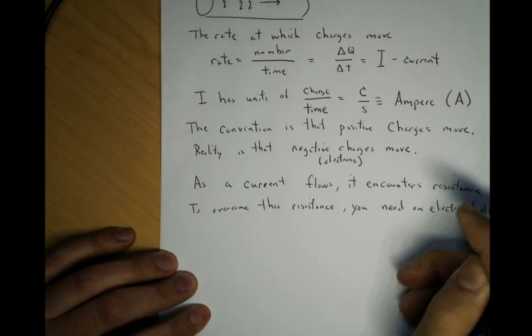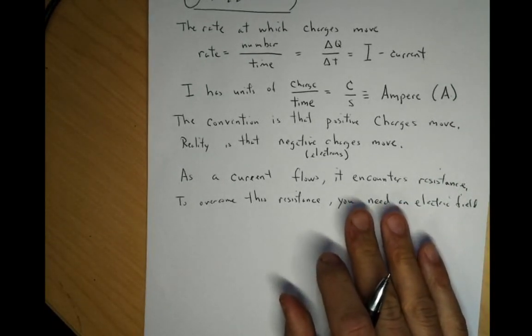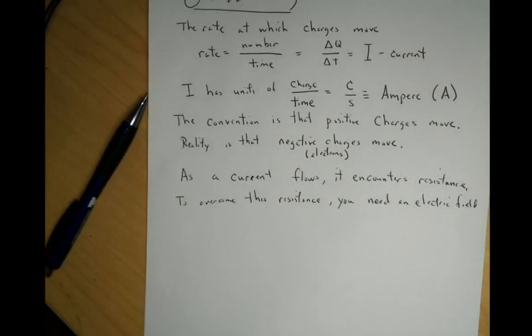Now this electric field can be either strong or weak. Basically in stuff that doesn't conduct electricity easily, it's actually very strong. In stuff that conducts, it can be pretty weak. But in stuff that doesn't conduct electricity, it needs to be pretty strong.